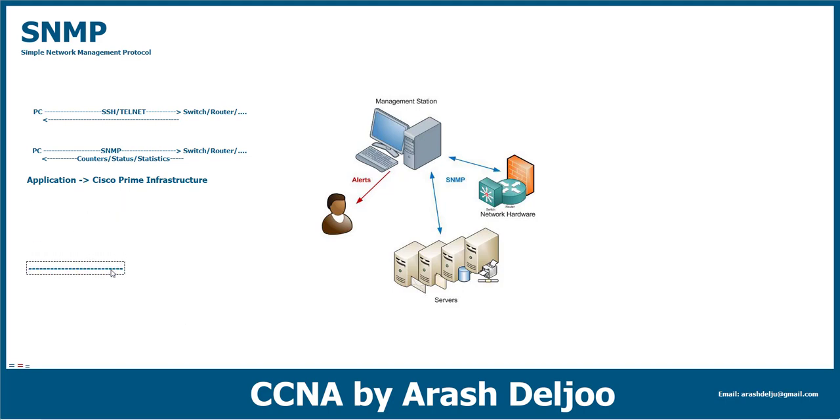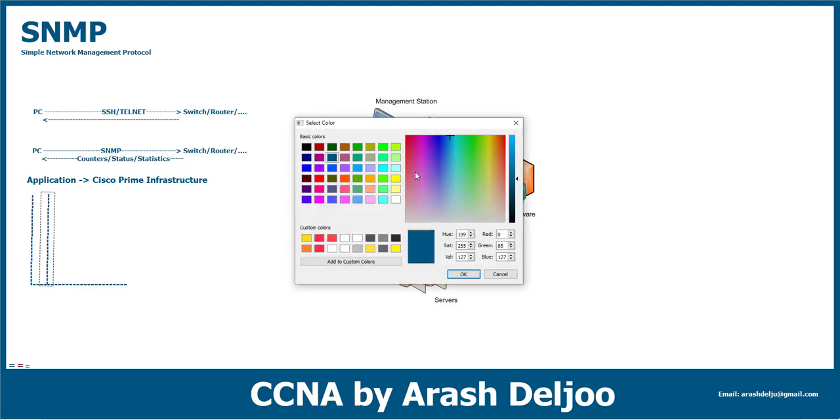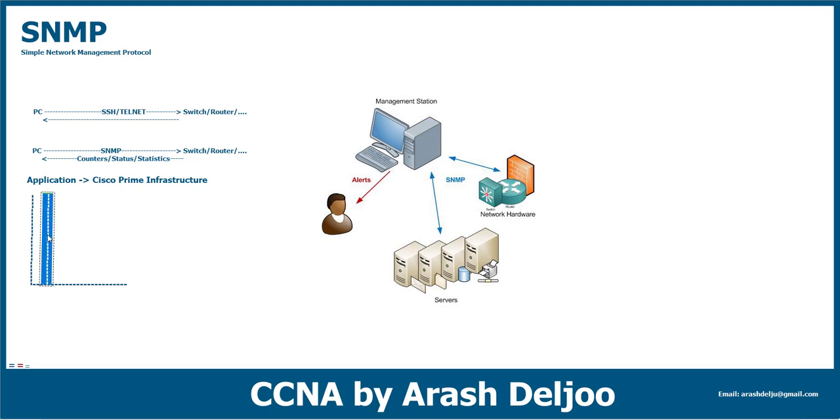For example, assume that in Cisco Prime Infrastructure, you receive the result of a request, such as the status of an interface. In this application, you can see graphs showing that the status of one interface is green and it is working, and here we have some amount of load. Assume that is the load on one interface at one time.